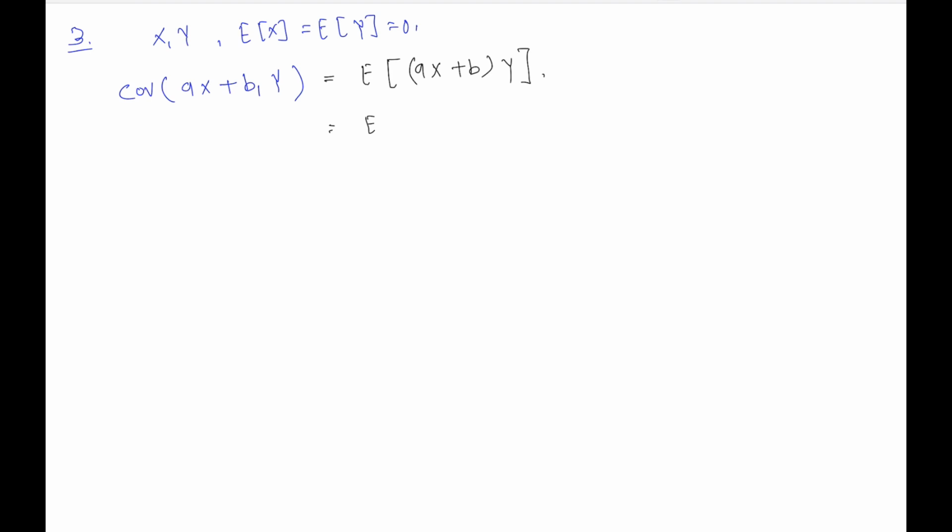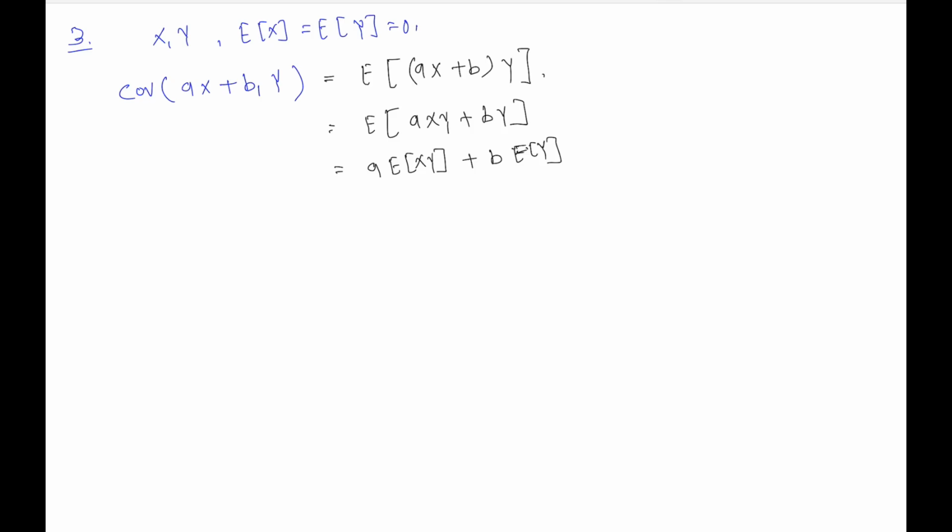right? And now further we can simply do the algebraic calculation here. So it will be a times xy plus b times y, and now we can use the linearity. So it will be a times the expected value of xy plus b times the expectation of y.